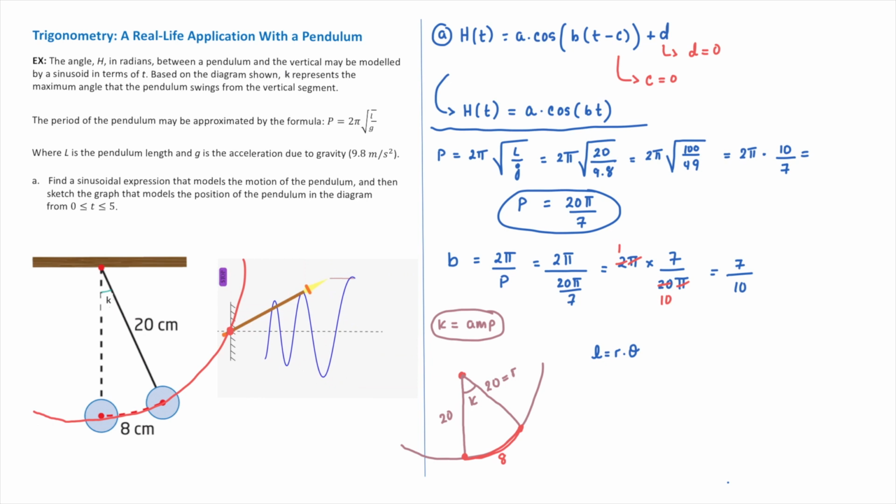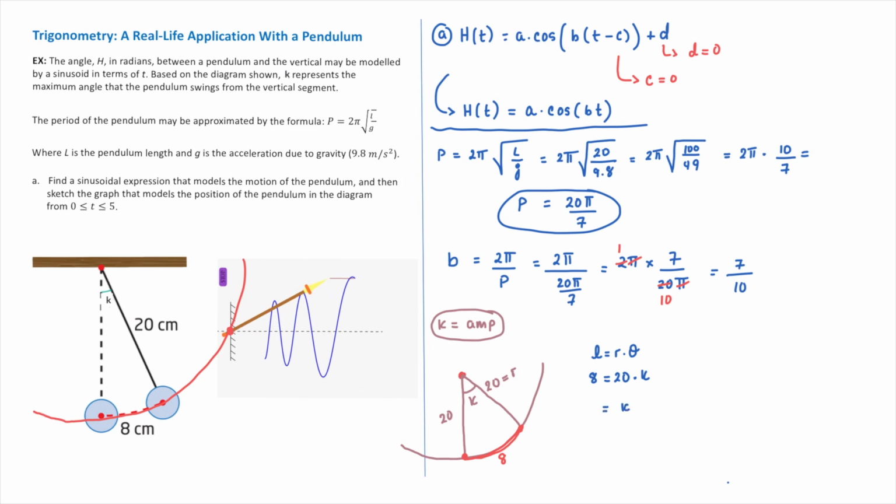This is using the variables that we were using in the review. Now I'm going to switch and start substituting the new variables and the values that I have. Notice how here 8 is lowercase l. So I'm going to put 8. r is 20. And then instead of theta, we're going to write k.